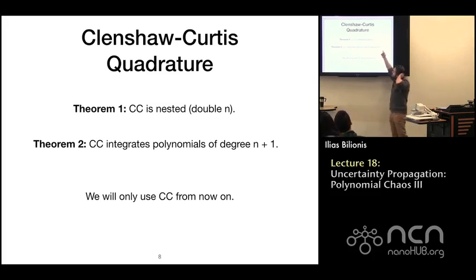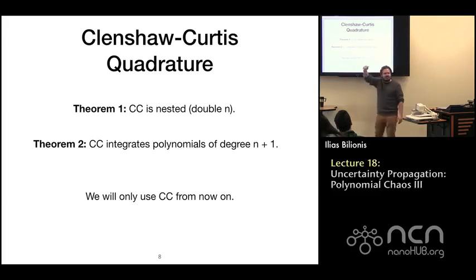And the Clenshaw-Curtis quadrature is one of the most important nested quadrature rules, and it's not really important how it works, because all you're really interested in is just grabbing the nodes and the weights from some code. You should not really worry too much about where it comes from. You just know that it satisfies two things.